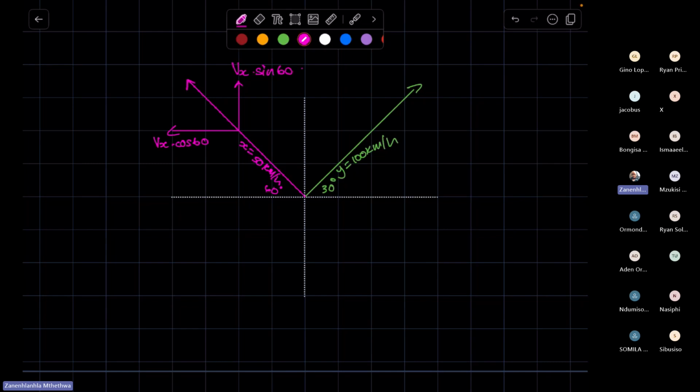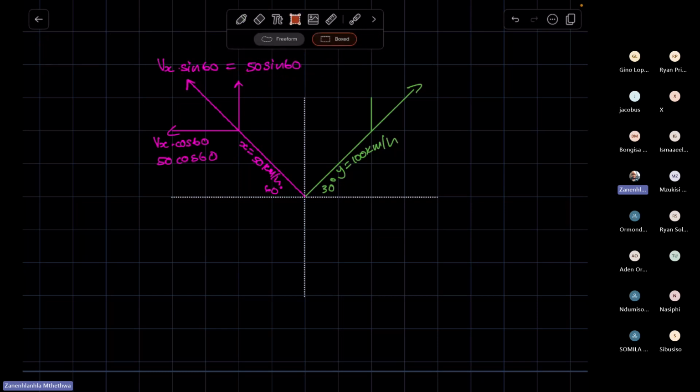So essentially, this will be equal to 50 sine 60, and this will be equal to 50 cos 60.